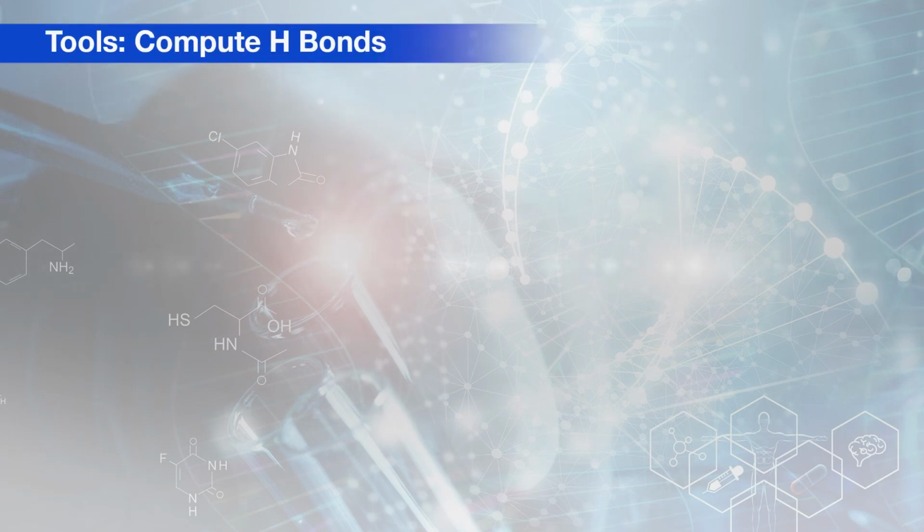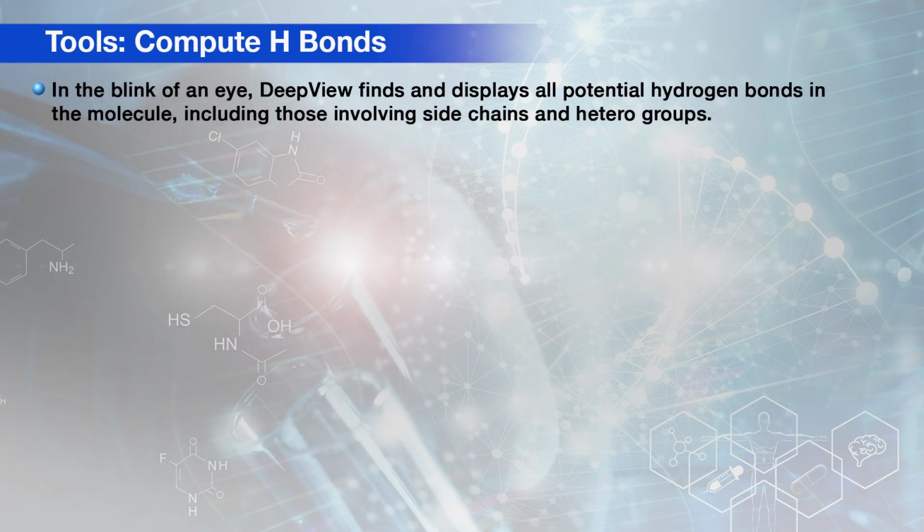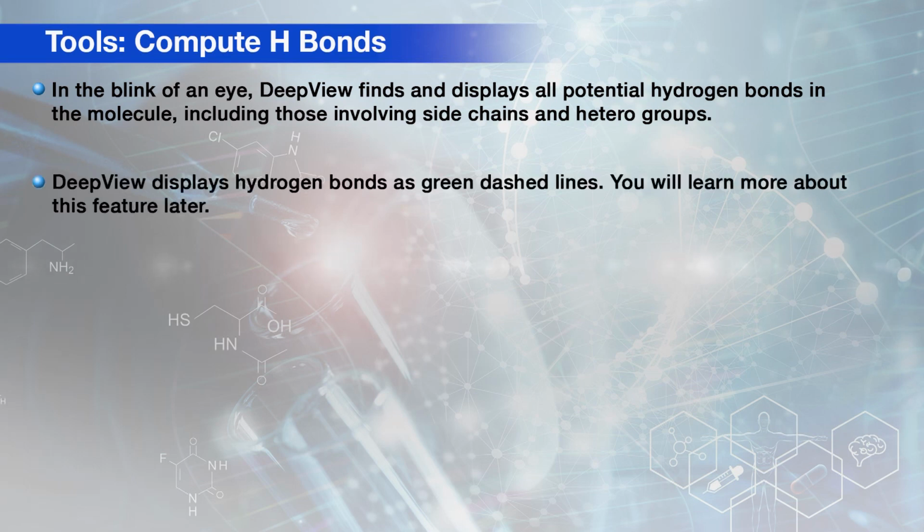Tools: Compute H bonds, in the blink of an eye. Deep View finds and displays all potential hydrogen bonds in the molecule, including those involving side chains and hetero groups. Deep View displays hydrogen bonds as green dashed lines. You will learn more about this feature later.